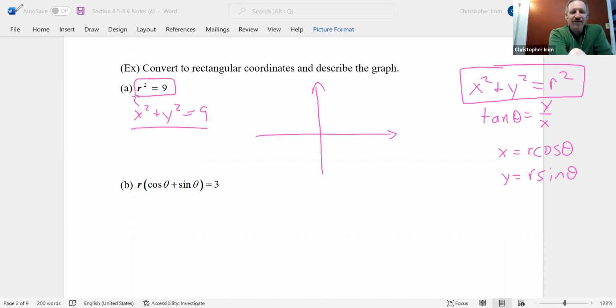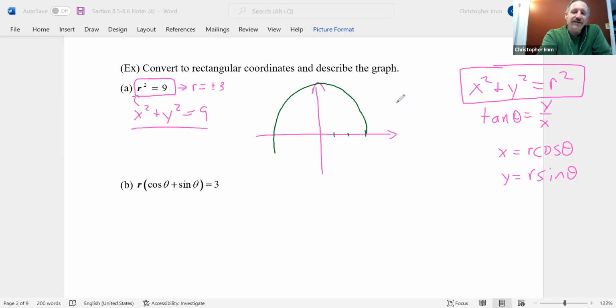But you can think of it in terms of this equation. Even though it's not a function, if I took plus or minus the square root, I would get r is equal to plus or minus 3. So that would say, hey, I'm going to go out here at a length from the pole of 3, and theta is just going to be free to sweep around.